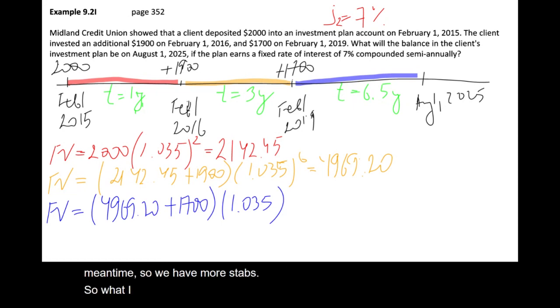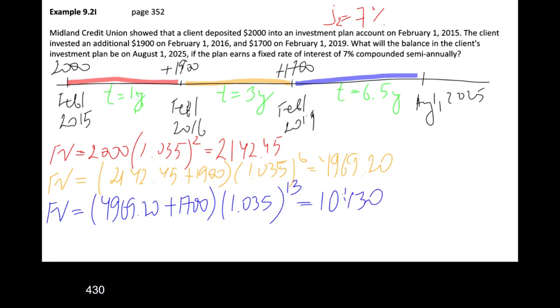So what I have, 6.5 times 2 is 13. $10,430.34. Please confirm my number.